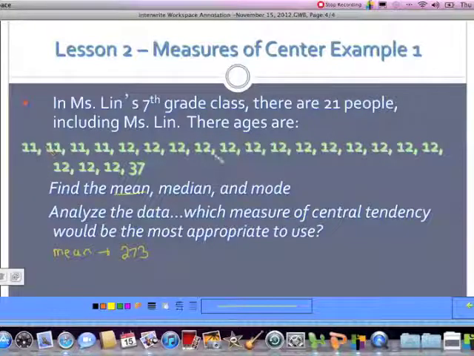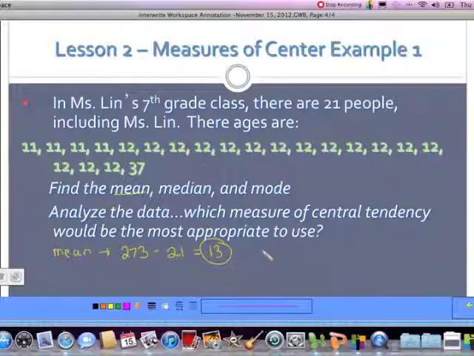I added each and every one of these numbers to get a sum of 273. Then I'm going to divide by however many numbers are in the data set. There are 21 total people in the class, and that's how many numbers I see here, 21. So I am going to divide by 21. 273 divided by 21 equals 13. So my mean, or my average age of students in this class, is 13.